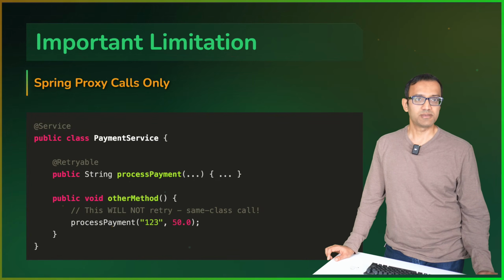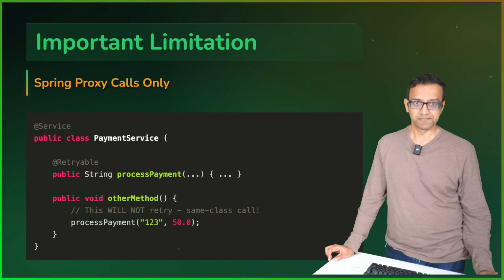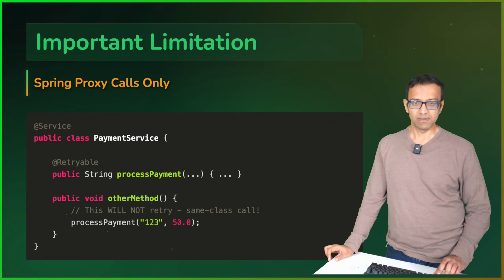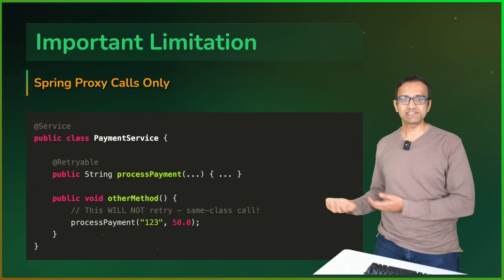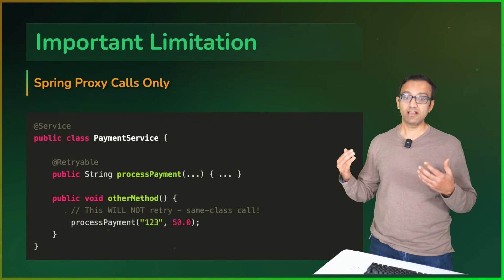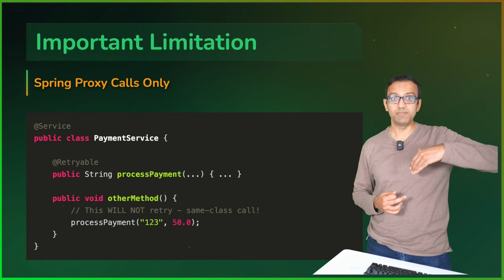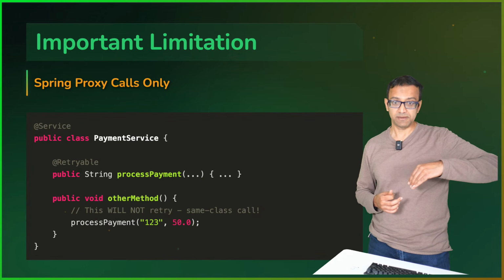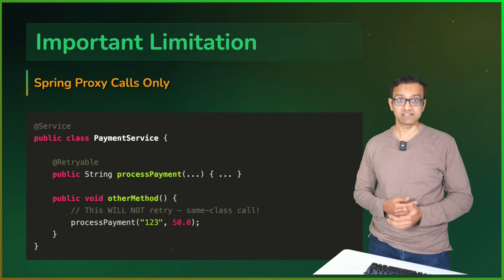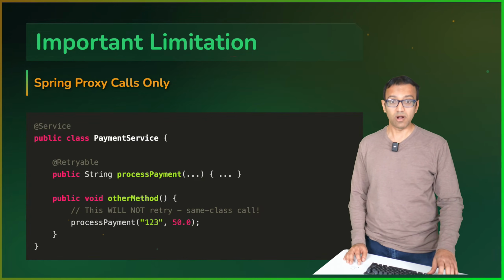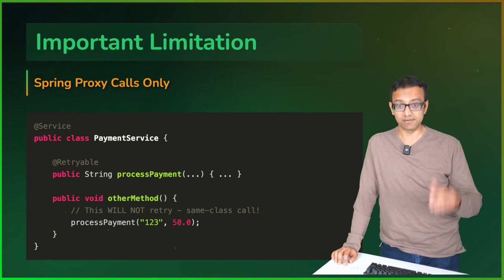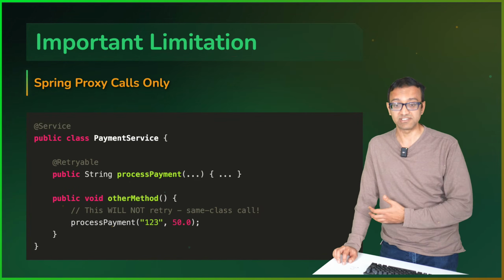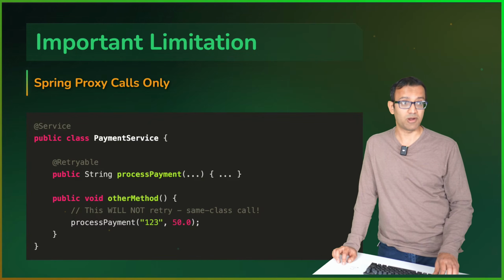There's a question about the parameters. I'm going to cover the parameters now. So it's the same limitation as transactional, right? The call has to come from outside of the bean for the proxy to intercept it, right? It's the same thing with transactional. It's the same thing with cacheable. All those other Spring features which work using this intercept model.